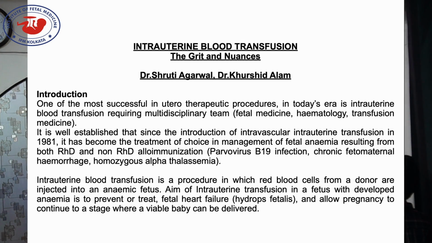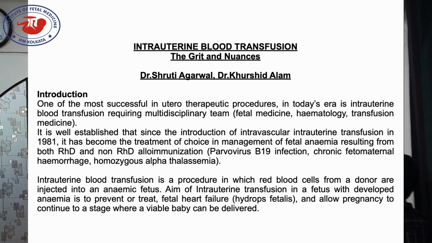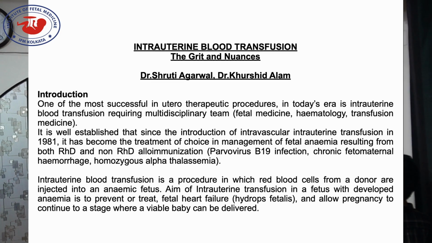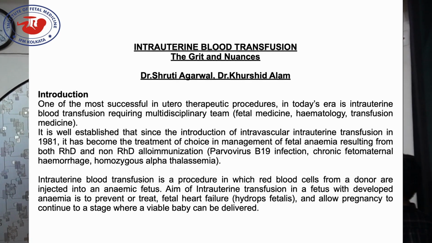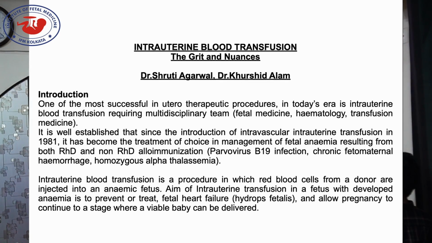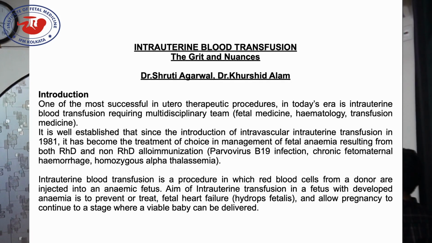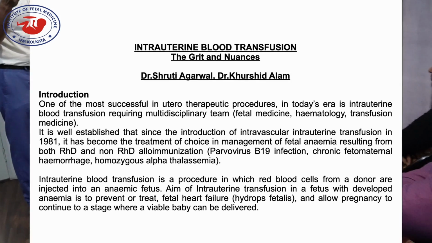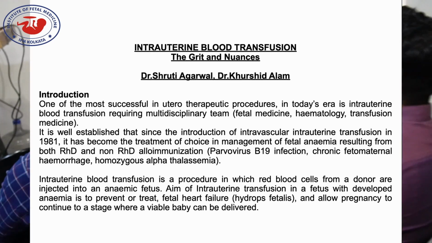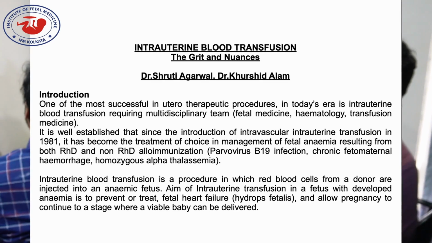Is that clear? Now, how do we diagnose or have a hint that the baby is developing anemia? We did MCA Doppler, and there is a criterion for how we do MCA Doppler. But the important thing is to look at the MCA peak systolic velocity. If this peak systolic velocity is double the gestational age, it is equivalent to 1.5 multiples of median.